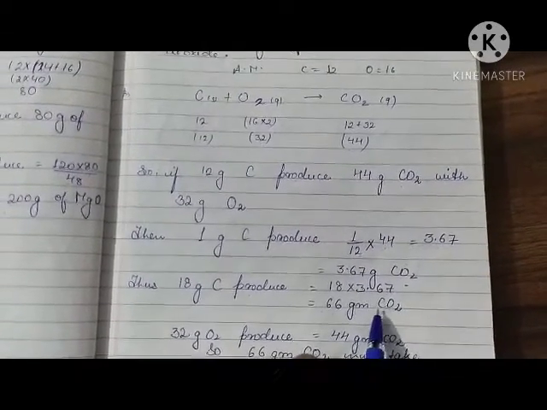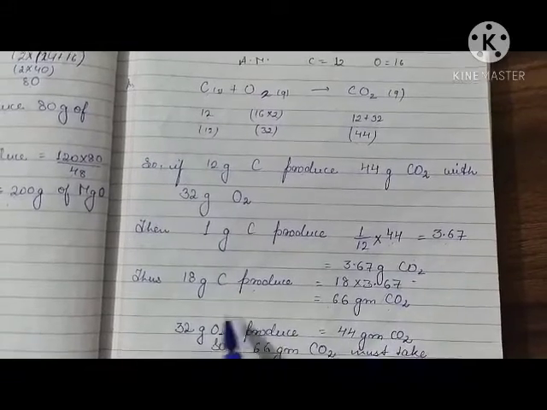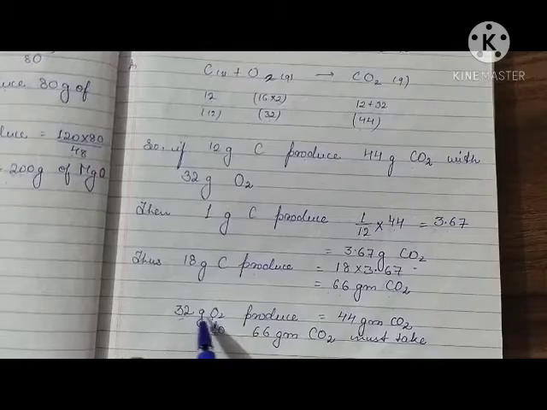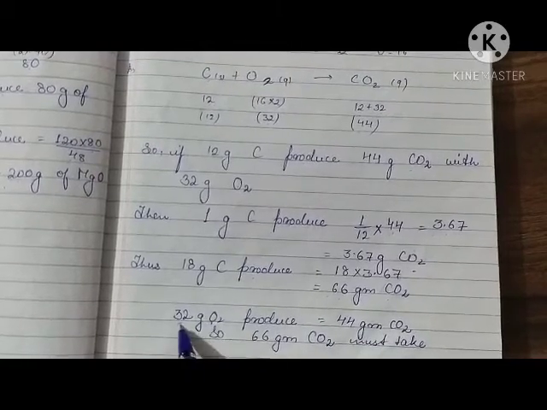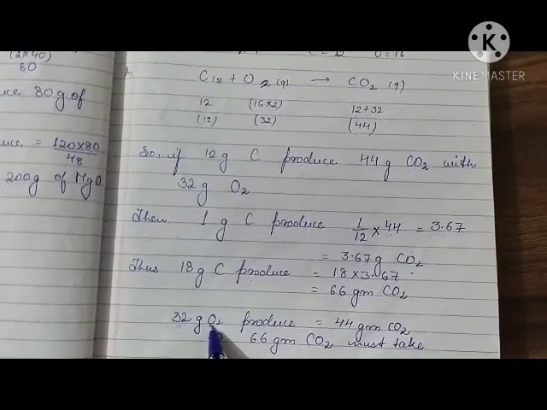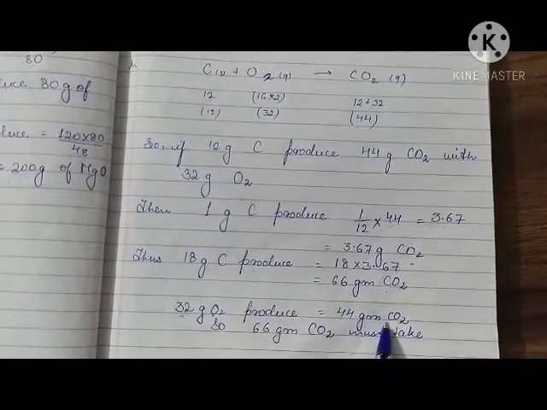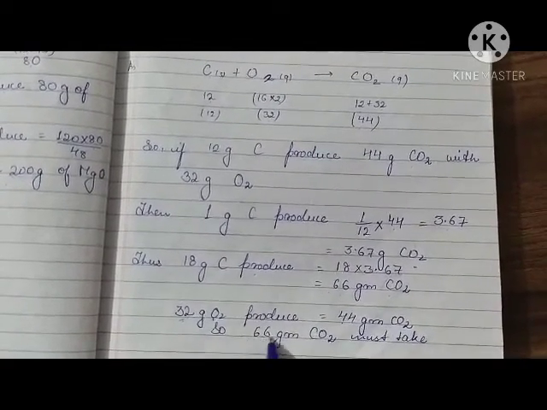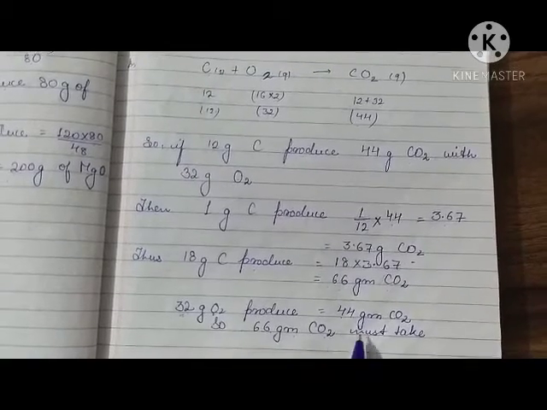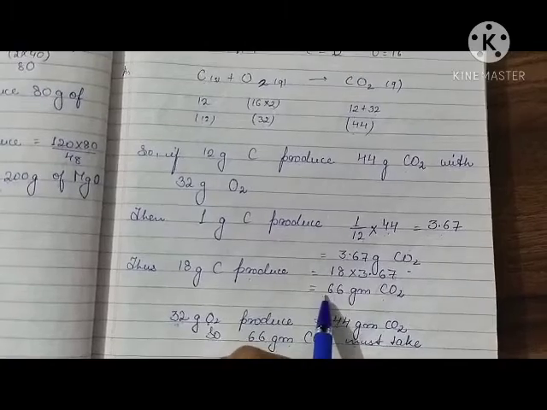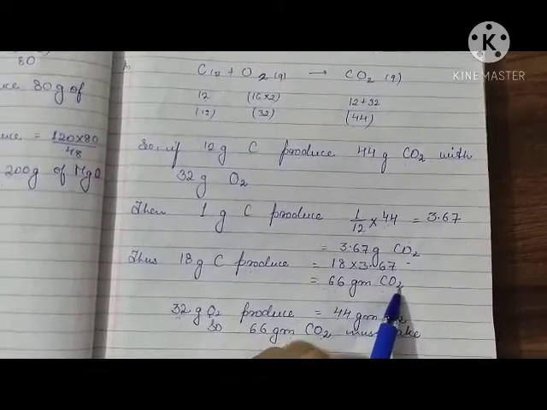Okay students, like that only you can also calculate the oxygen. 32 gram of oxygen will produce 44 gram of carbon dioxide. So 66 gram of CO2 must be taken, because 18 gram of carbon will produce 66 gram of carbon dioxide.